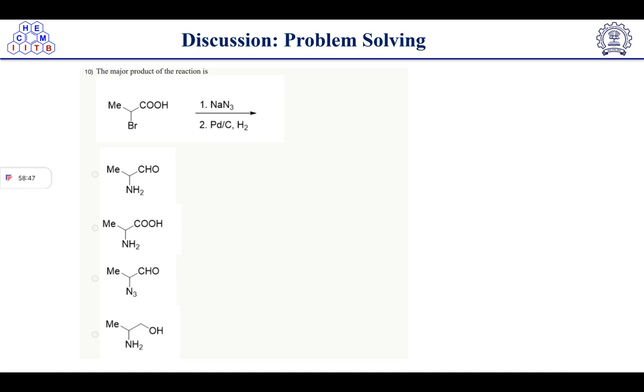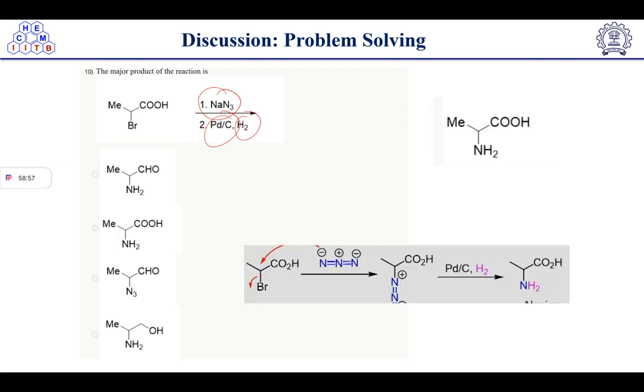The next one is, the major product of the following reaction is. So sodium azide is used in the presence of palladium on charcoal and H2. The reduction is also there. So first of all, this N3 will attack on this carbon and bromine will knock out and it will form this type of intermediate.